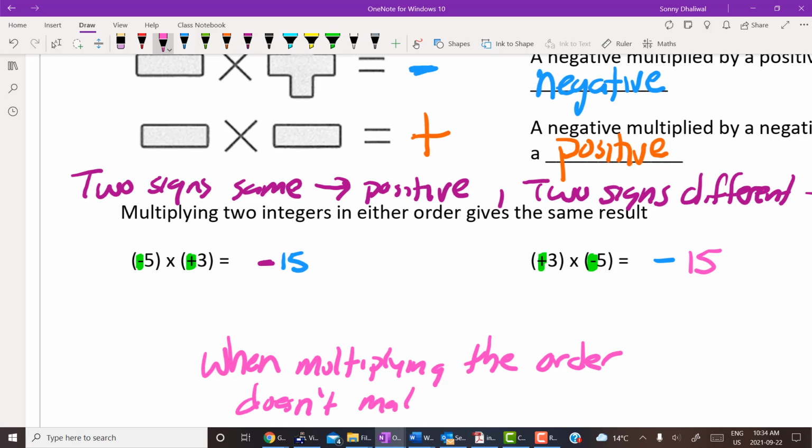Sometimes you can do things not reading left to right. You can swap them around if it's easier that way. Like 2 times 3 is equal to 6, but 3 times 2 is also equal to 6. You can reverse those numbers with multiplying. As soon as you throw in adding or dividing, you can't do that. But with multiplying, it doesn't matter.